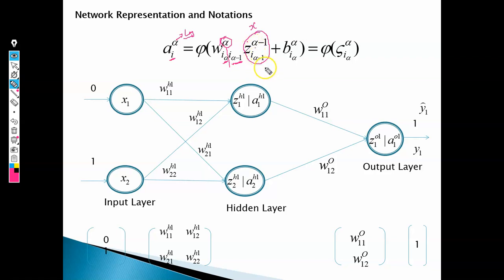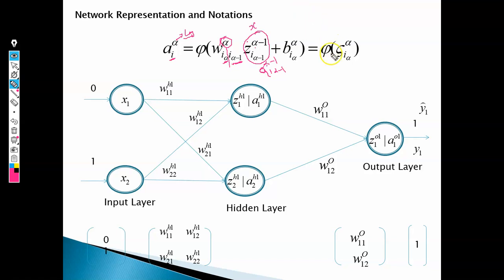We can represent this also as Z or A. If you use a linear transformation, we can represent it as Z. If you use any activation function, we can represent it as Z of i, alpha minus 1, and A. This way we can represent this.